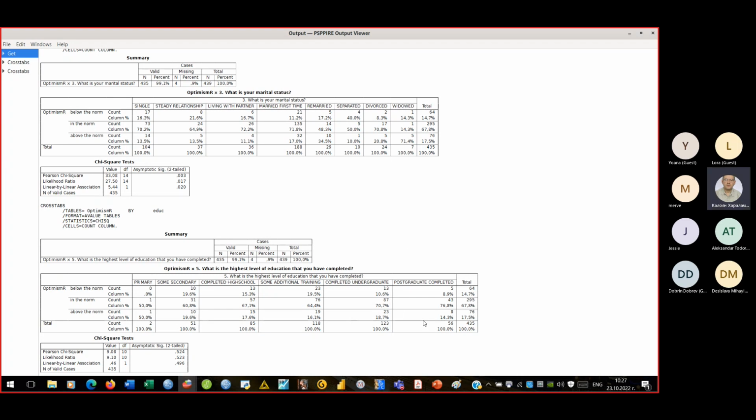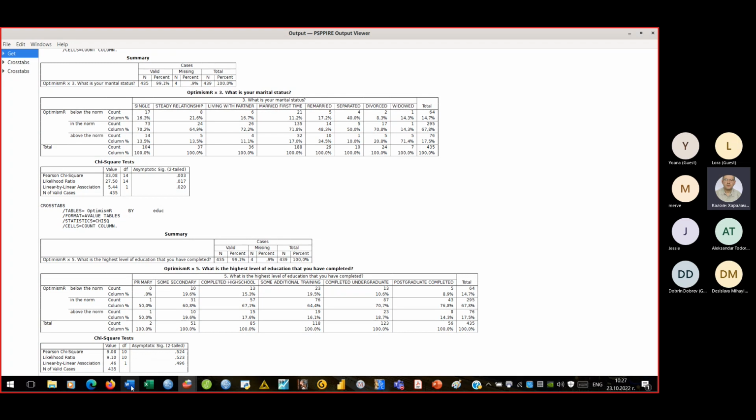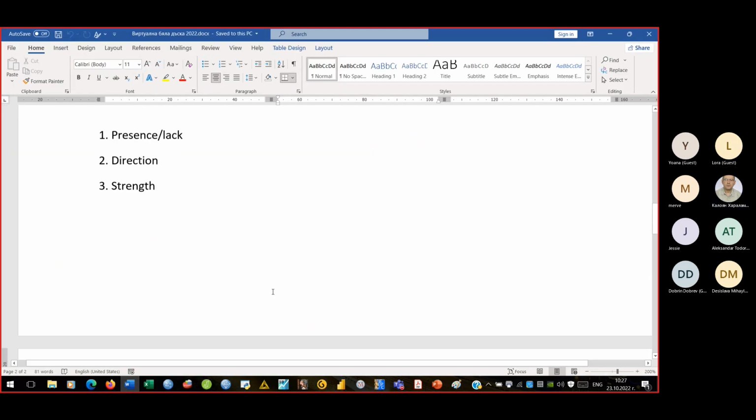But generally, there is a decrease in the percentages. So in such a way, we can analyze the direction of relation.